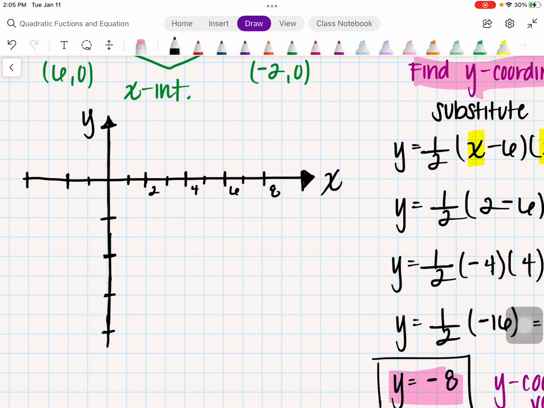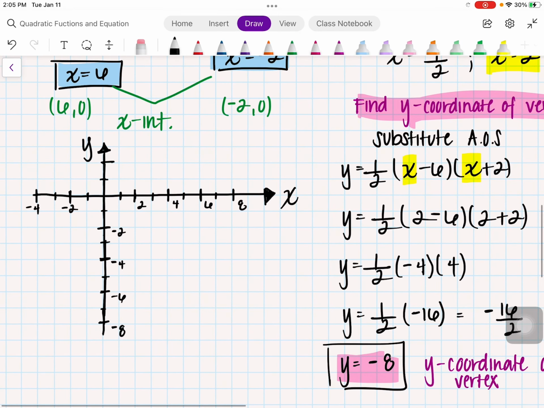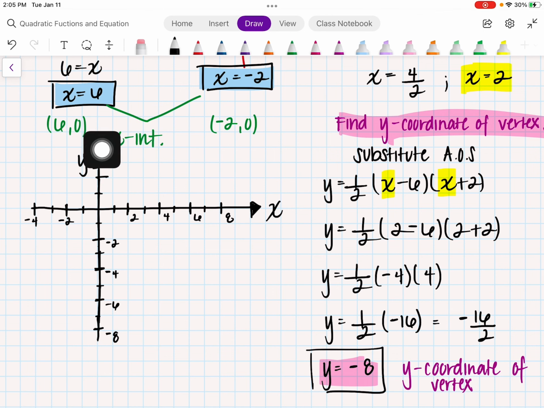And you still have these here, but I'm not going to label those. This is a negative 2 and a negative 4, negative 6, and negative 8.